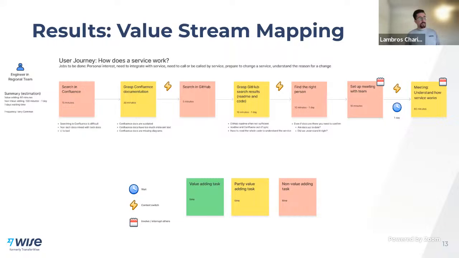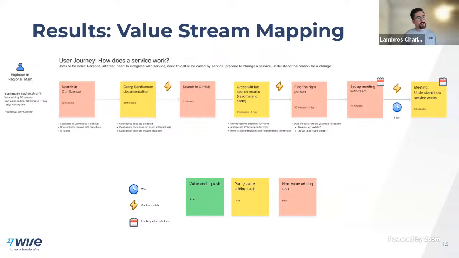So those are the goals that they want to achieve, and they use this journey. So for instance, I want to change the service. I want to call a service. I want to understand the service to know what has been changed, right? So for all of those jobs to be done, we use this user journey. This is a very common theme that we see.